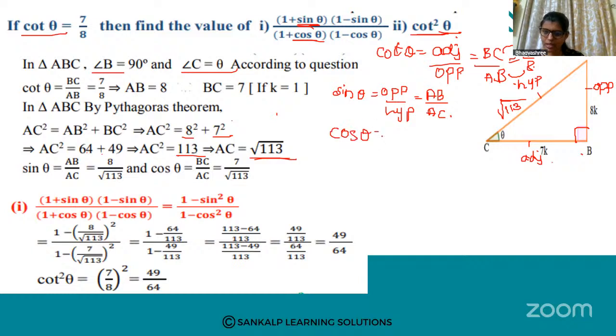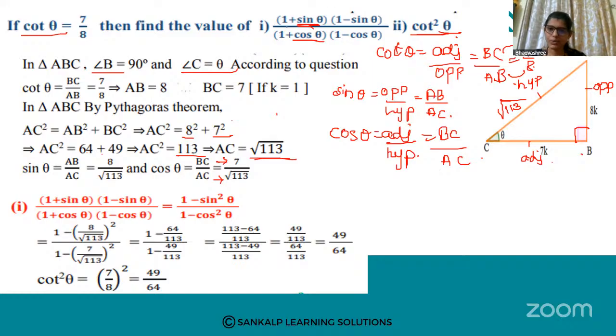Cos theta means adjacent side divided by hypotenuse. Adjacent side is BC. Hypotenuse is AC. So BC value is 7, AC value is again root 113.